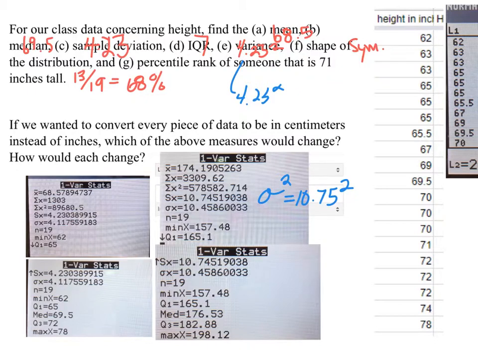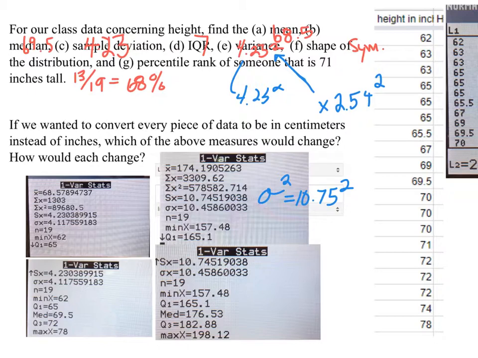Instead, because the variance, remember, is the answer to deviation before the square root, this is the only thing we've experienced so far that is not a multiplier of 2.54. It's a multiplier of 2.54 squared. So essentially, you would find the deviation, multiply it by 2.54, and then square that to get the variance.